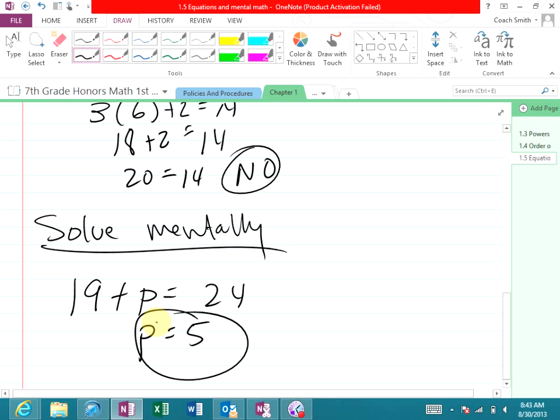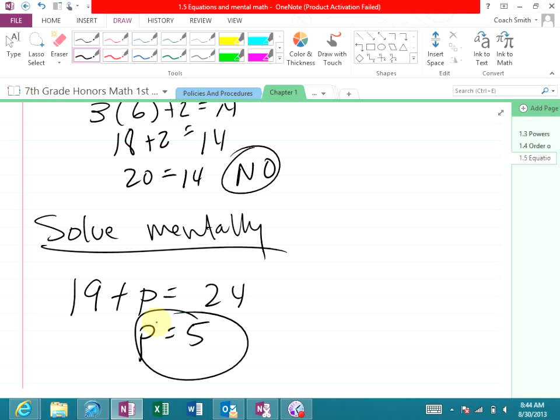Now, who can tell me what you did mentally to come up with that? Tristan. How did you come up with 5? How did you know it was 5? I subtracted 24. There you go. She subtracted 24 minus 19. That's how she knew that 5 was the answer.